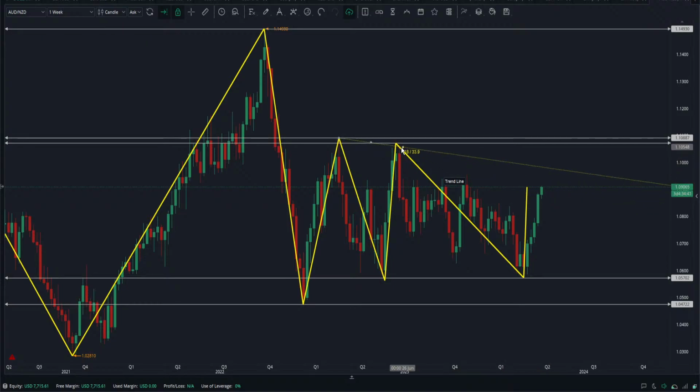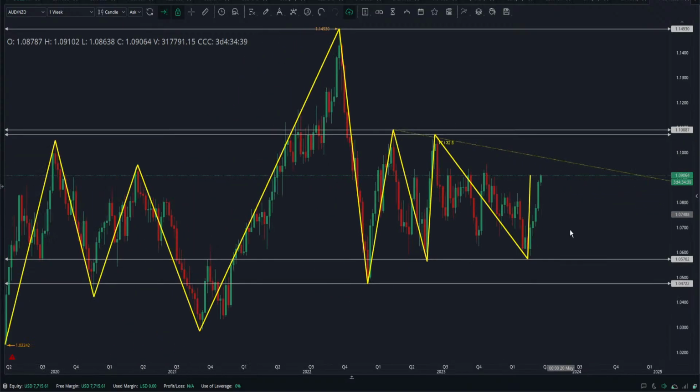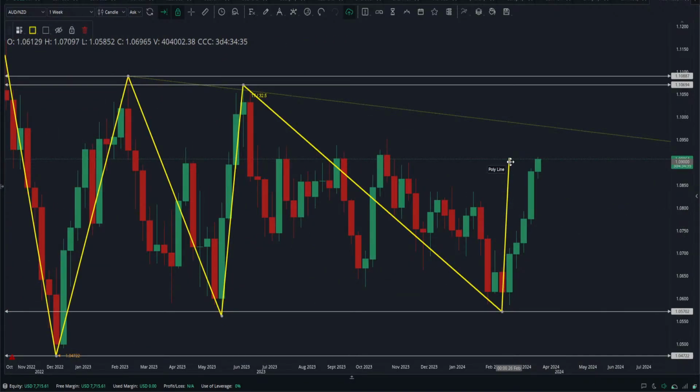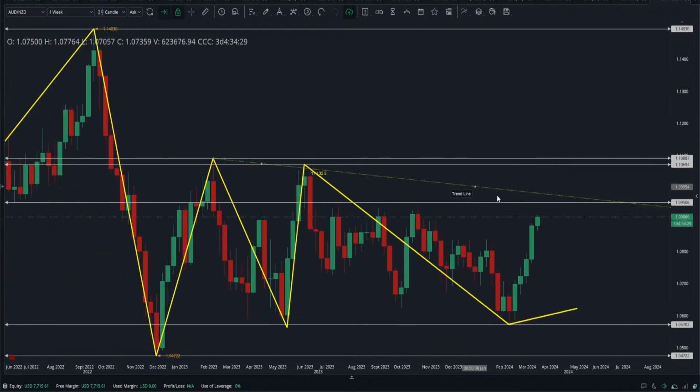Now the last level is this one, but I'll still say that this has broken from all the levels, and now the horizontal levels are here. This is 1.0950, the horizontal level of interest, from where the price can actually reverse for some time, but still it will try to take support here, I think, which is the weekly broken resistance.